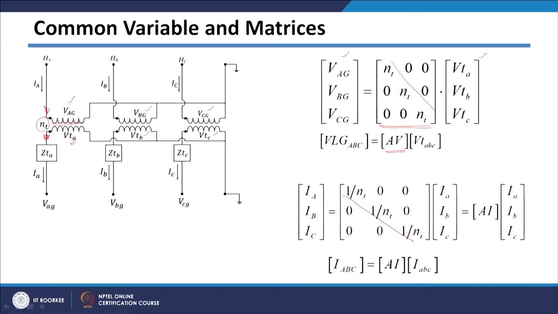In that case, we are defining this matrix AI, which has diagonal entries 1 by NT, and your equation will be like this. So AI and AV we can call transformation matrices, which transform the voltages and currents. AV I am using for transforming the terminal voltages, and AI I am using for transforming the winding currents.